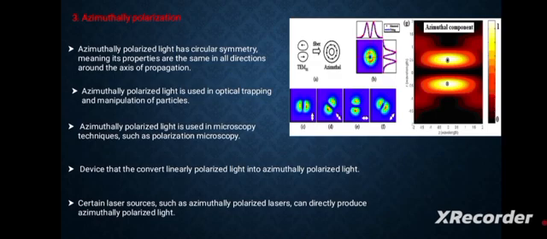It is used in microscopy techniques such as polarization microscopy. Devices can convert linearly polarized light into azimuthally polarized light. Certain laser sources, such as azimuthally polarized lasers, can directly produce azimuthally polarized light.